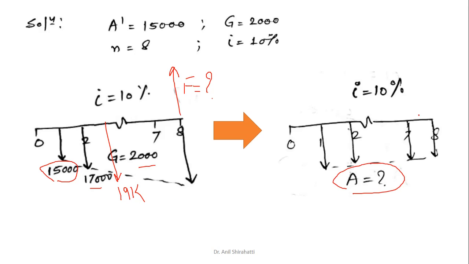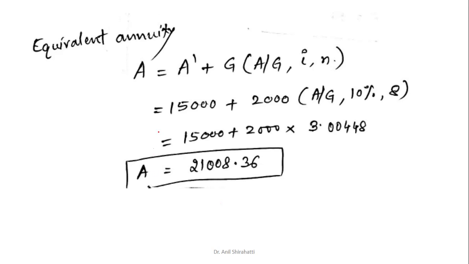If I do this, then the relationship between F and A is easily available. Now how should I convert this? For that we already saw one series where it is denoted by A is equal to A dash plus G into A by G, I comma N.